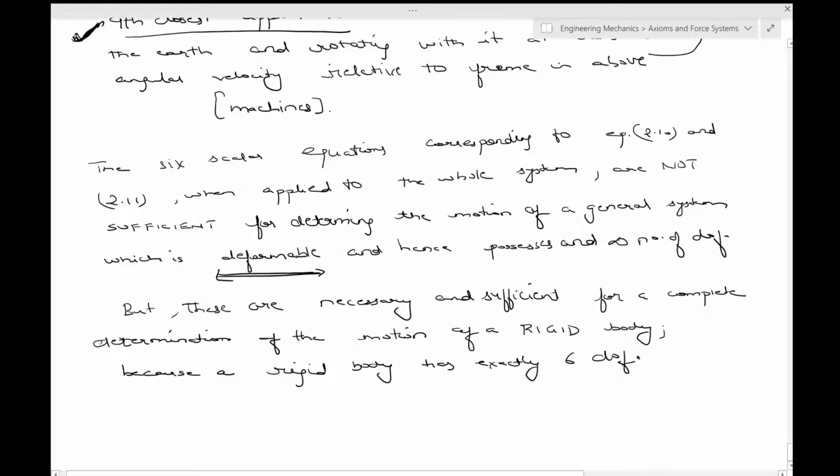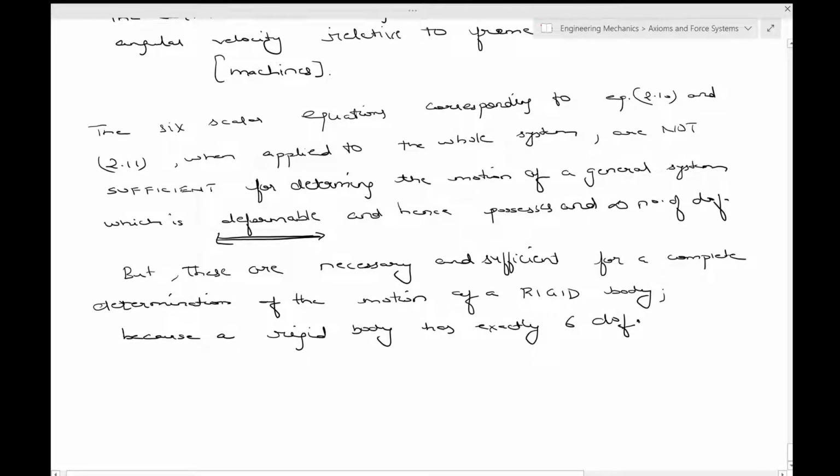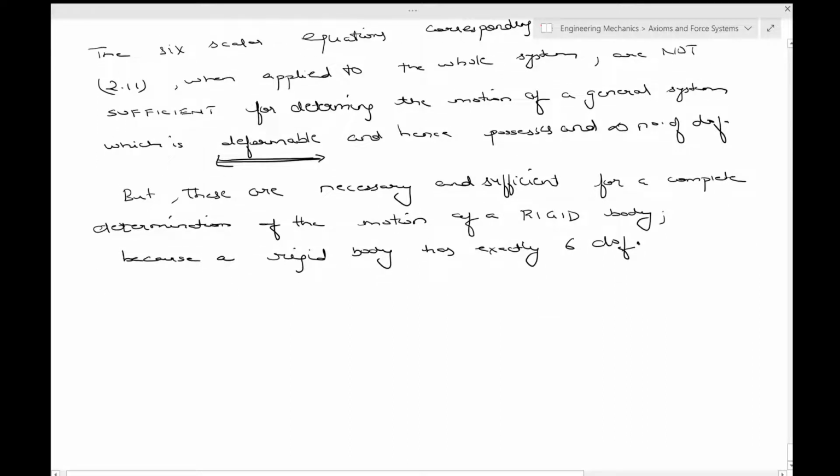Okay, now there will be many situations and problems in which you will be learning about the application of Euler's axioms, and we still have to make sure that some other criteria are met.